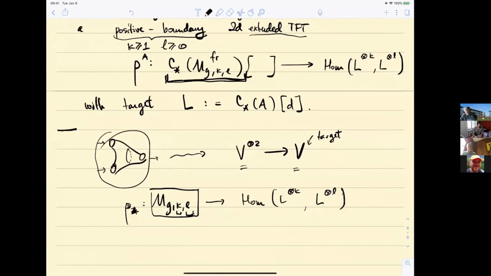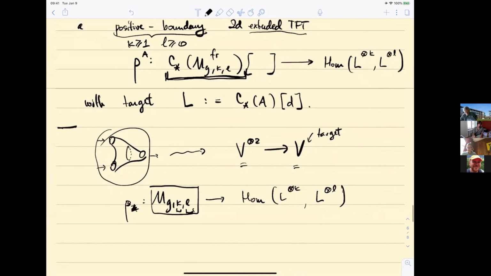So somehow I'm capturing something about the topology of the moduli space of conformal structures on Riemann surfaces of a particular type.